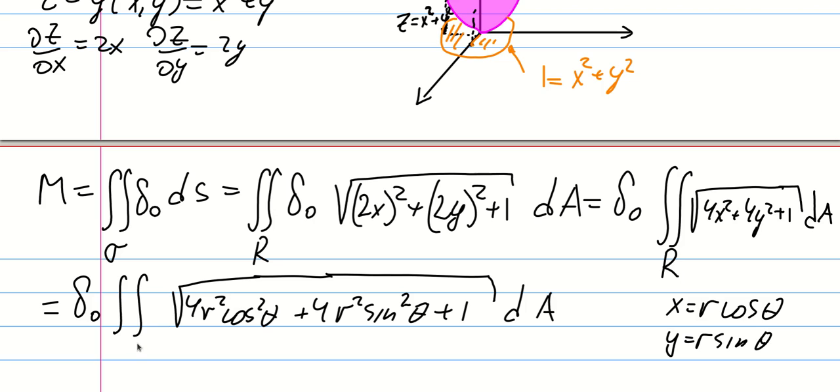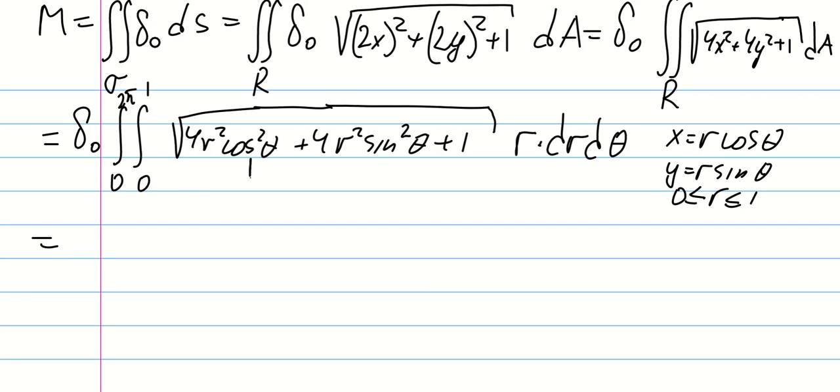And our r goes from 0 to 1, and the angle goes from 0 to 2 pi for theta. And here, instead of dA, we're going to write r dr d theta.